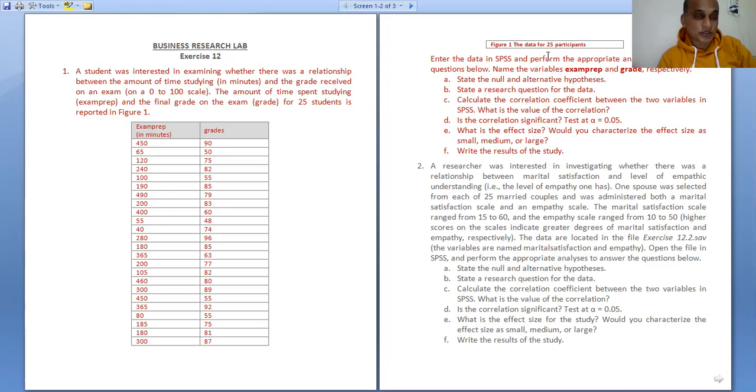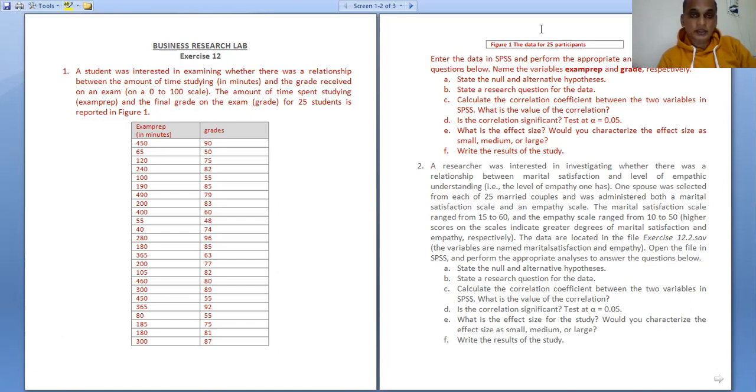This information is in minutes, how many minutes they studied to prepare for the exam. And the second variable is grades, the grades they obtained in that exam. So we have to find out the correlation coefficient for the two variables and see whether a significant relationship comes up or not.